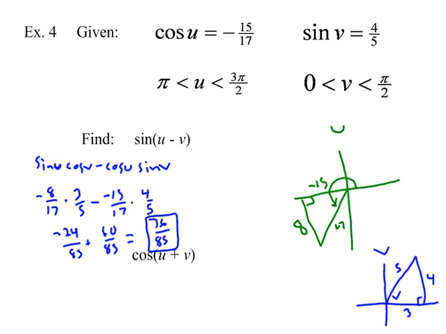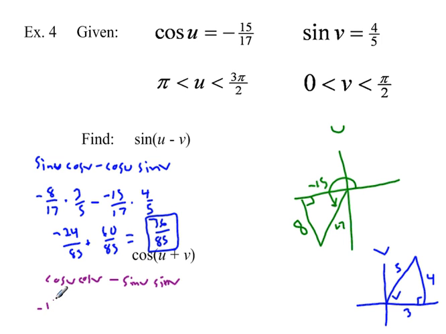Okay, what if we add these two angles? If we add these two angles, what's the cosine? So that's going to be the cosine of U times the cosine of V minus the sine of U times the sine of V. And again, all these values we'll just get from the triangles on the right.